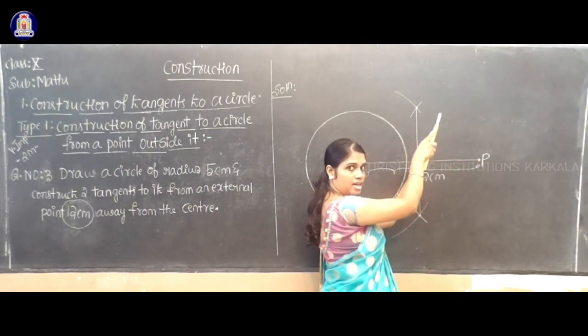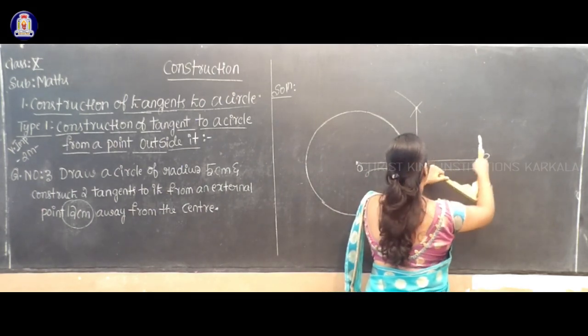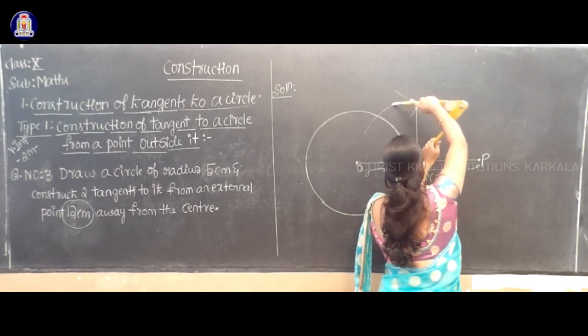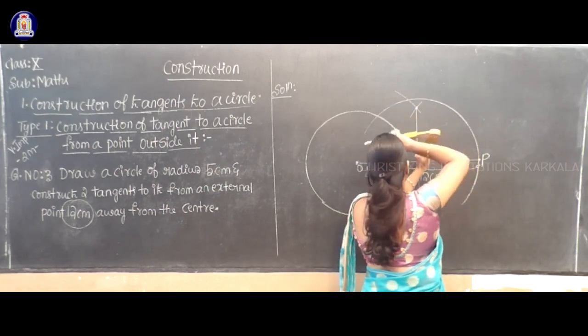M as a center, MP as radius, draw one circle.